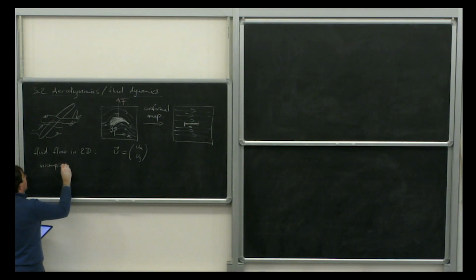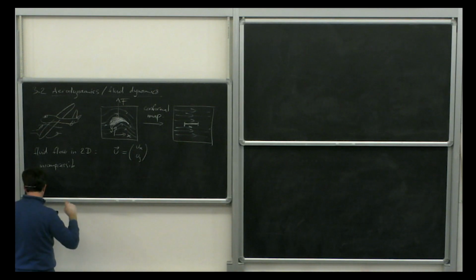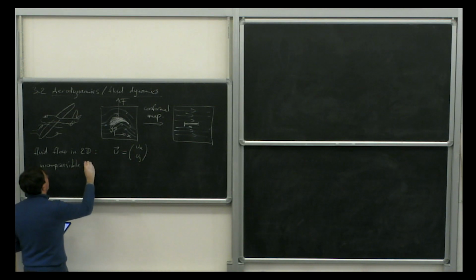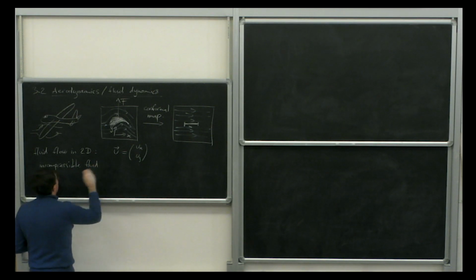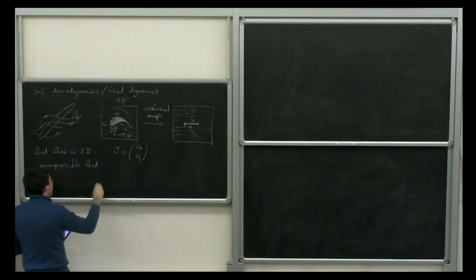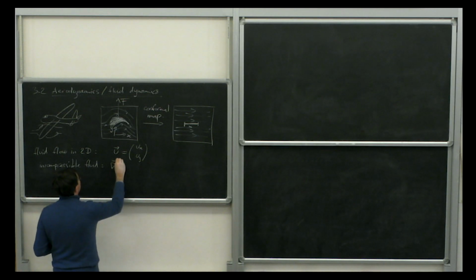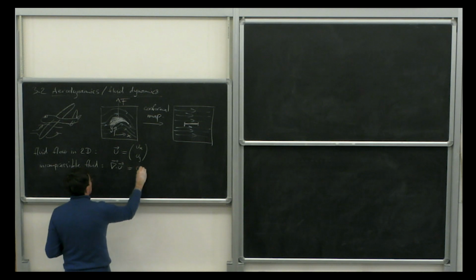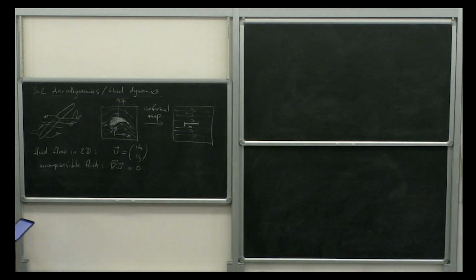And this trick that you can apply a conformal map works if the fluid is incompressible. So it's a crude model, but in certain cases, this is good enough, at least as a first model.